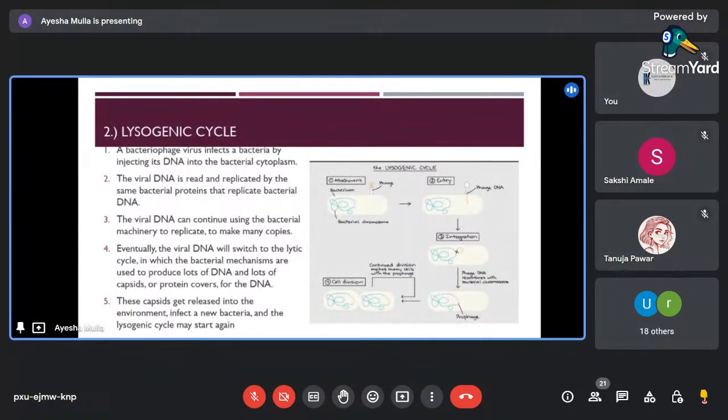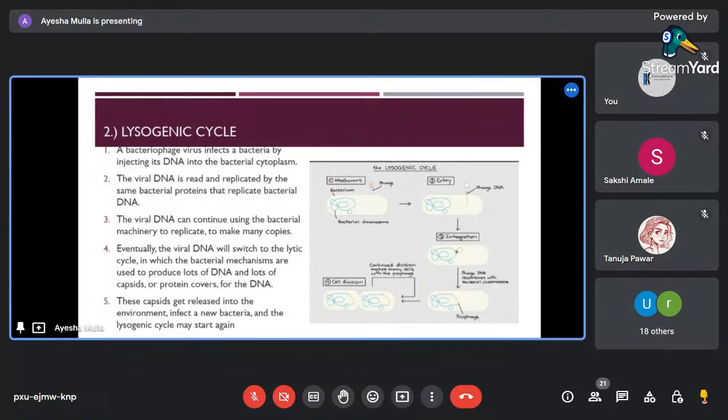Next is the lysogenic cycle. In the lysogenic cycle, the viral DNA gets integrated into the host genome and replicates along with the bacterial genome. Firstly, the virus attaches itself to the host bacterial cell and gains entry by injecting its DNA into the bacterial cytoplasm, as you can see in the diagram.